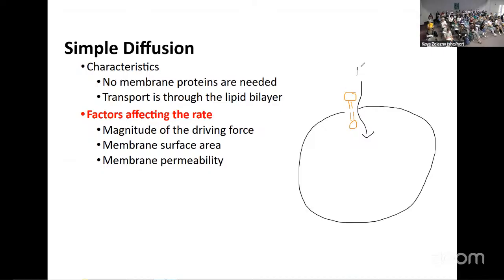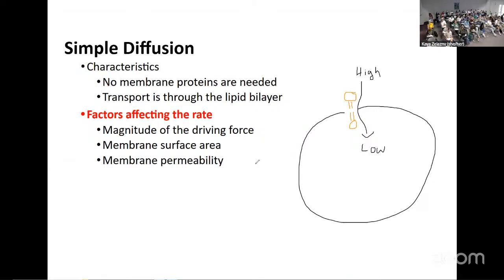So we're going to be thinking about a high-low gradient, a concentration gradient, because ions can't just squeeze through phospholipids, right? We only need to think about electrical driving forces, and therefore electrochemical driving forces, when we're talking about ions. If it's not an ion, chemical driving force is enough.